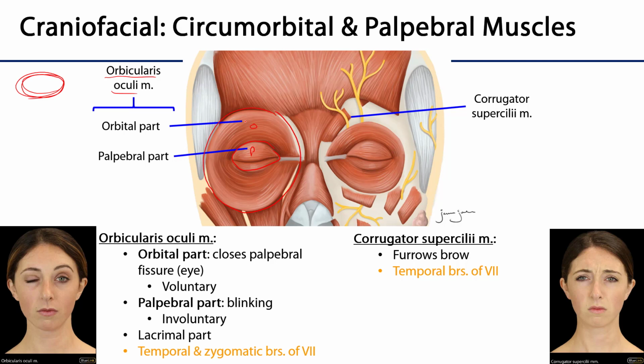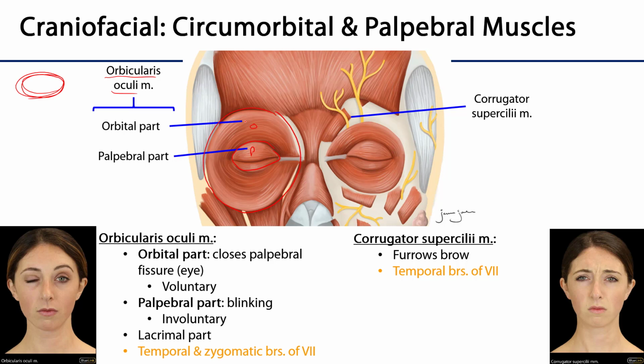So that was very well named. And the palpebral part is voluntarily controllable, but typically is under involuntary control. So blinking is a function of the palpebral part. You don't spend most of your day thinking, time to lubricate the eyes. So we have that going for us.